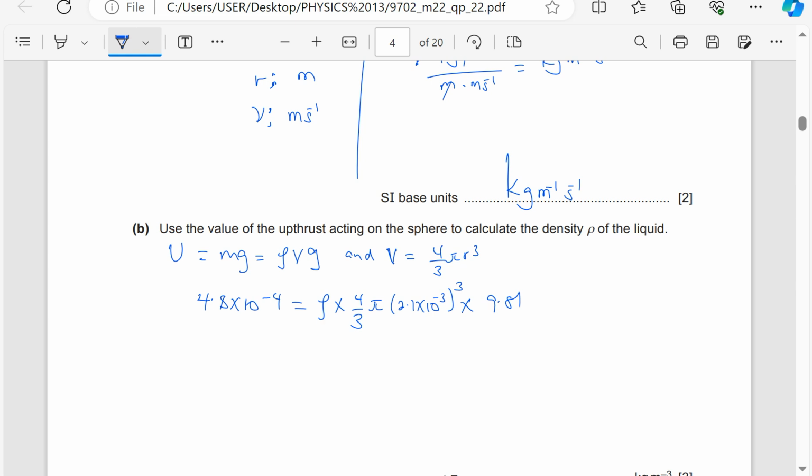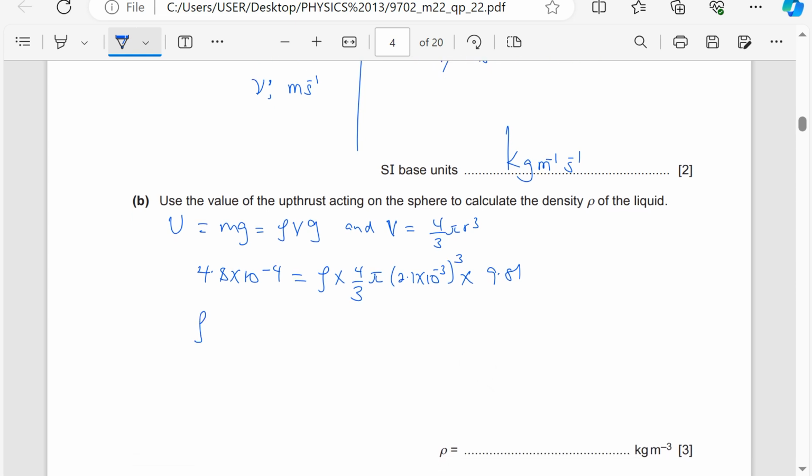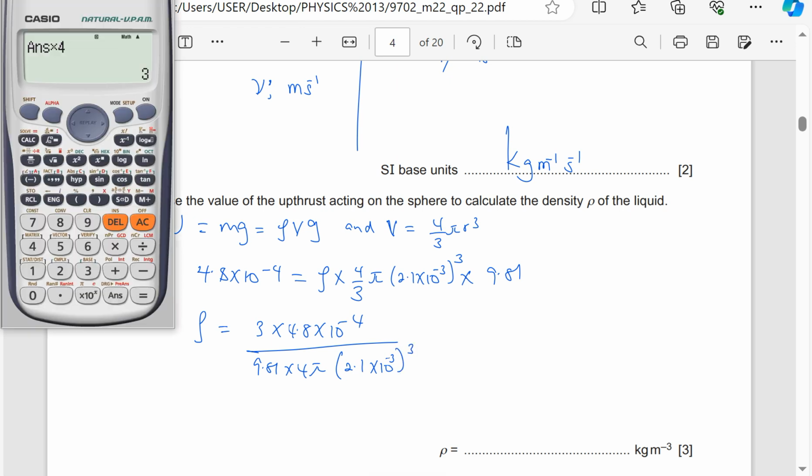So I'm just going to make density the subject. Density is going to be equal to 3 times 4.8 times 10 to the power of minus 4 divided by 9.81 times 4 pi times 2.1 times 10 to the power of minus 3, and this is raised to power 3.